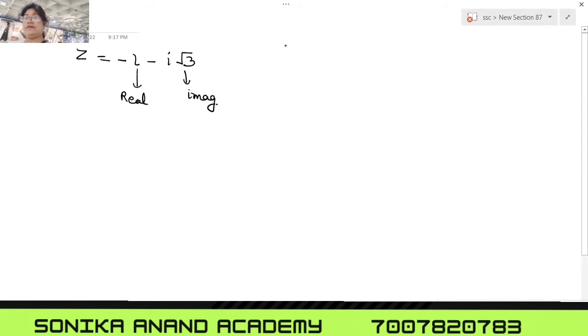Clear? Minus I under root 3. So what is the coefficient? Minus root 3. Clear? So R cos theta is minus 1. R sin theta is minus root 3.